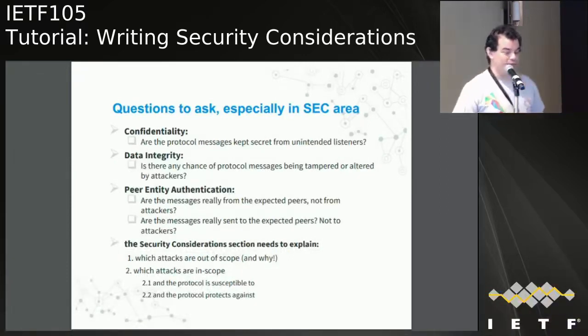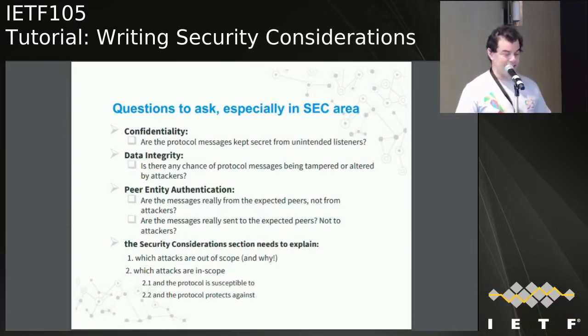Okay, so questions you should ask, and all this is material from RFC 3552. How much do you need confidentiality? Do you need data integrity? Do you need peer entity authentication? Usually you do, otherwise you're just sending stuff to anyone on the internet. Are the messages really expected from peers rather than from attackers?